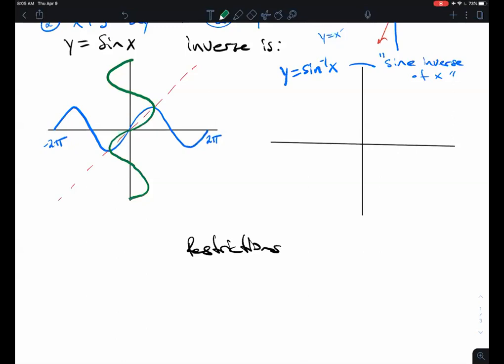So I'll redraw it over here. There we go. And what's going to be of interest to us are a few things. First of all, the domain of the inverse, the restriction on x, we know that that's going to be 1 and negative 1.